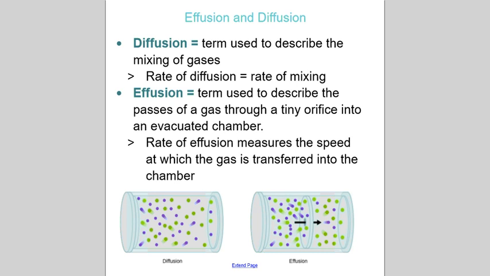If you think of a balloon, over time it slowly is going to get smaller and smaller and then go flat, basically no longer be inflated, to deflate and become a useless thing. That's effusion. It is gas escaping from the container, and so the rate of effusion is really how quickly a gas can escape from a particular container. So different containers will have different effusion rates, and different gases will effuse at different rates.